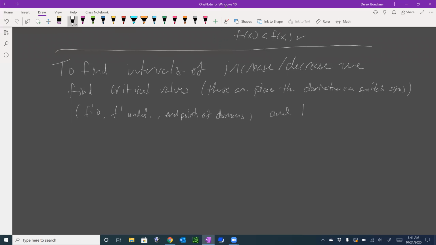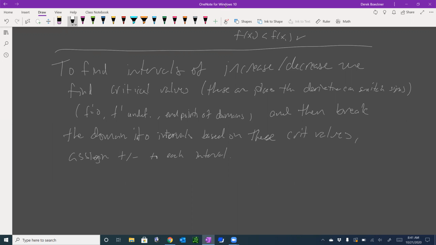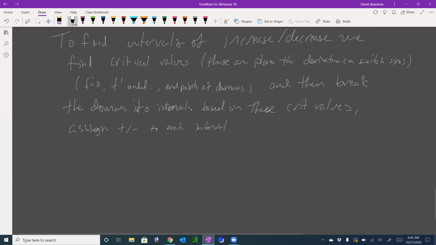And then break the domain into intervals based on these critical values. Assign a positive or negative derivative to each interval. Okay, there's kind of a lot there, so let's see an example.